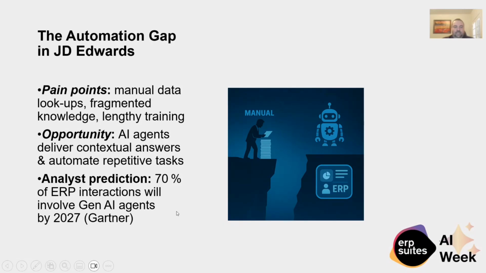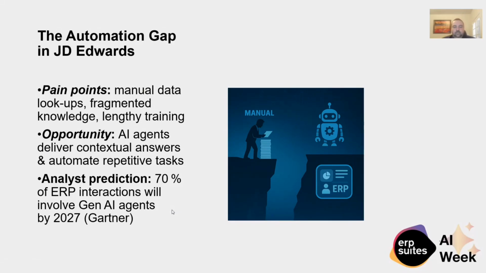But this point here, this analyst prediction: 70% of ERP interactions will involve Gen AI agents by 2027. So that's only 2 years away, right? Is that true for JD Edwards EnterpriseOne? Probably not. It remains to be seen. That all depends on what you do with it, right? Because Oracle's published guidance is that they're opening up the tool set to a degree, giving us functionality to authenticate to OCI services from the latest EnterpriseOne tools releases.